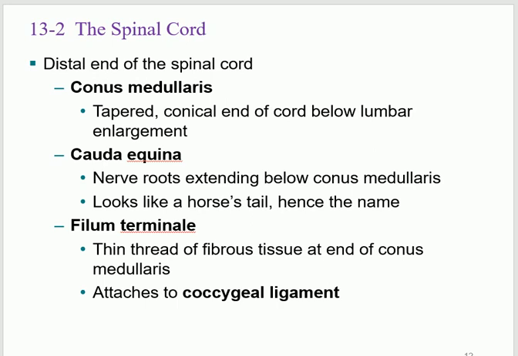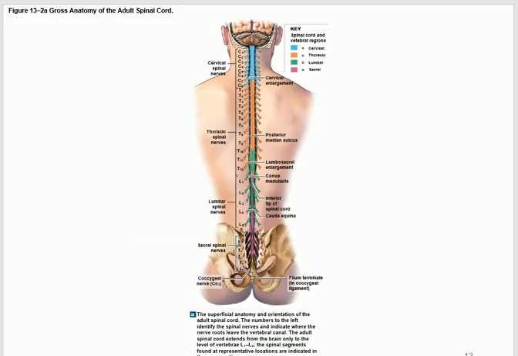If this is the end of the spinal cord looking cone shaped like this, from the tip here I'm going to get a ligament and stretch it down so that it doesn't flip. This ligament at the end, or this film at the end, is called the filum terminale, the film at the terminal end of the spinal cord. Filum terminale. Each one of these terms is important to know.